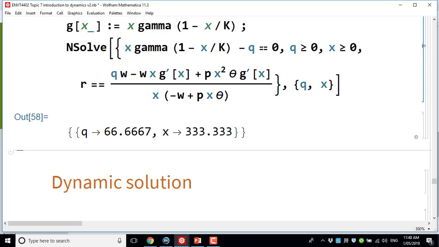What if I increase the cost of fishing? Is that going to increase or reduce the stock? Reduce the stock. Cost. Increase the stock.